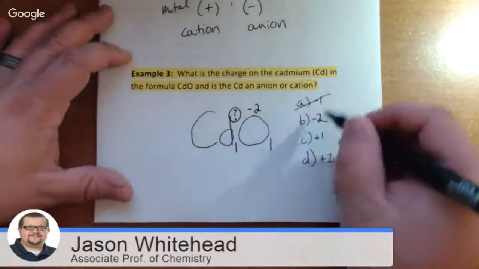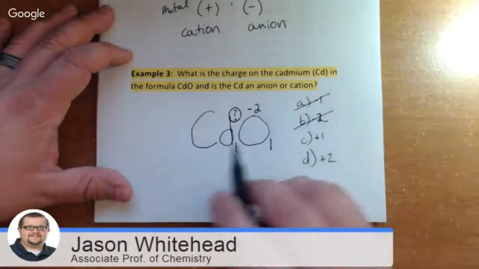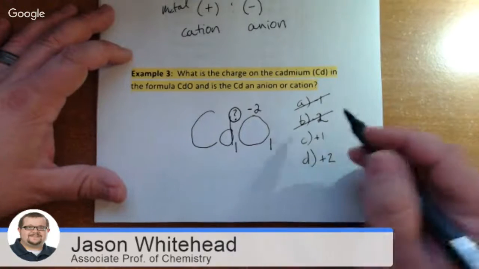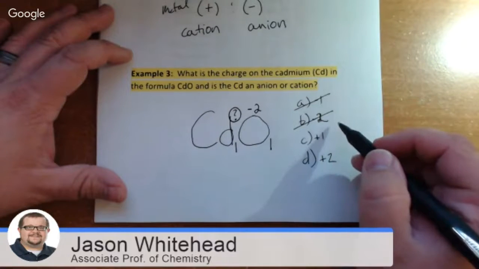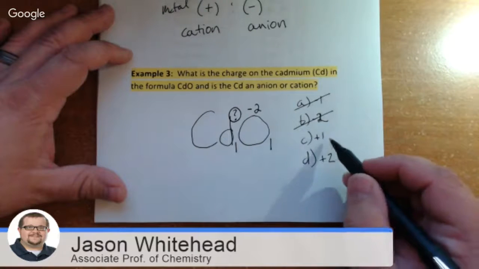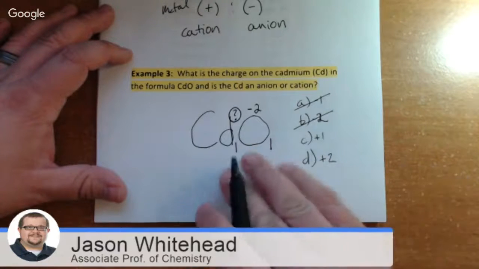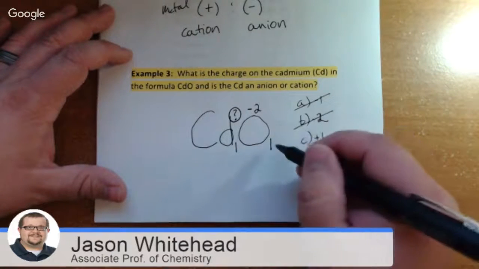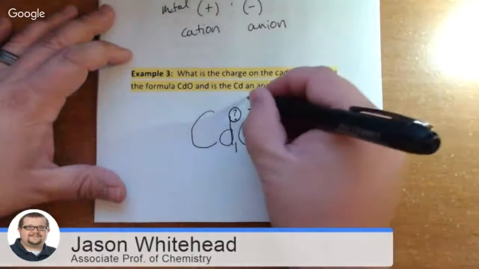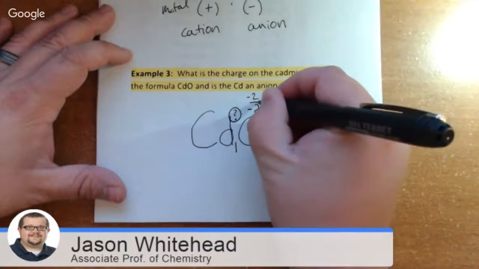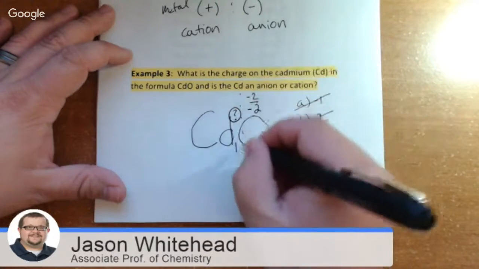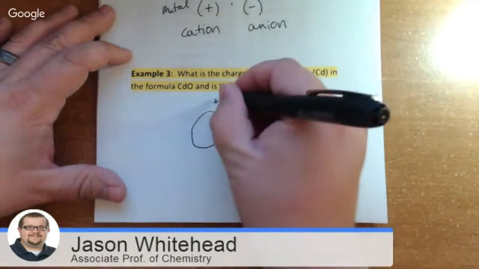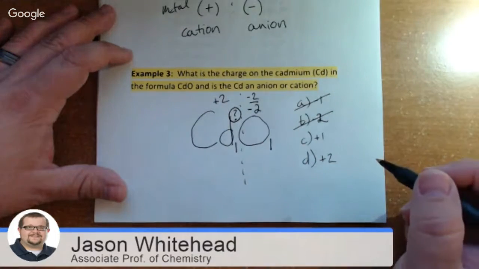So even if you're not sure, I know it's got to be positive because it comes first. I can cross out half the possible answers. So now I've got to choose between +1 and +2. So coming over here, I've got 1 oxygen at -2, gives me a total -2 charge. So my positive has to balance that out. So the cadmium has to be a +2 charge overall.